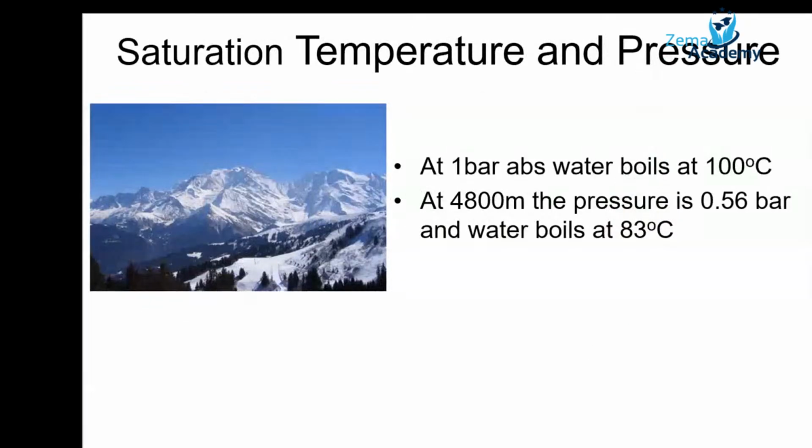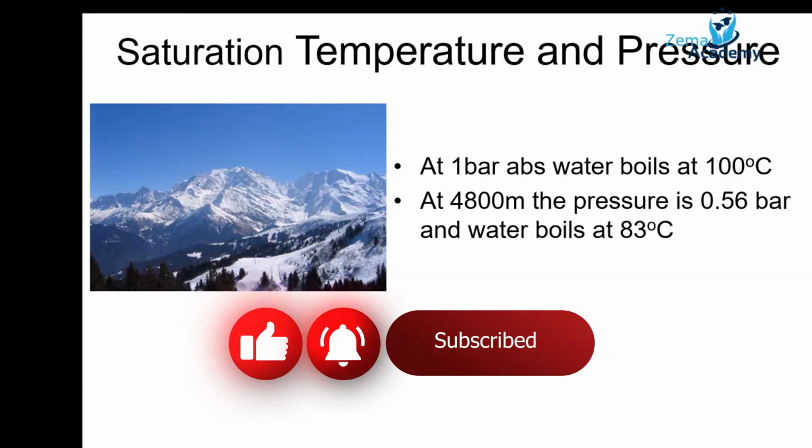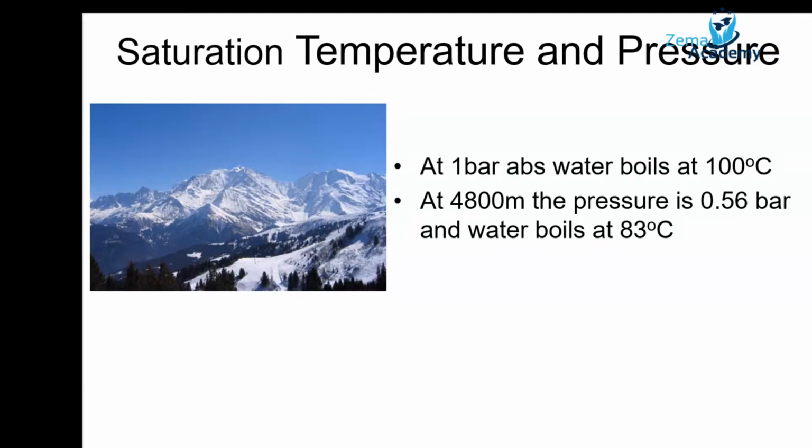And for instance, if you take water and try to boil it at, let's say, 4,800 meters, at a pressure of 0.56 bar, the water boils at 83 degrees C. So as you can see, not 100, the one that we always say, depending on the pressure, water can also boil at 83 degrees C. So what I wanted to highlight here is the relationship between pressure and temperature. And that is critical in any refrigeration systems that we will look at.